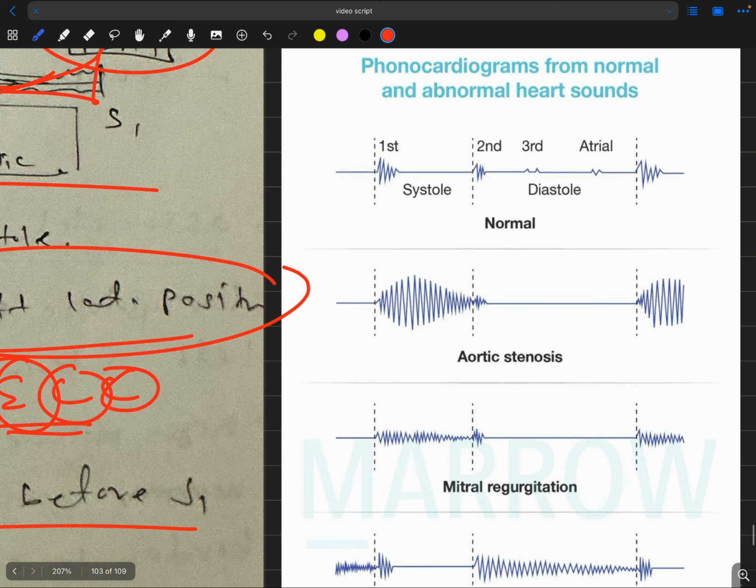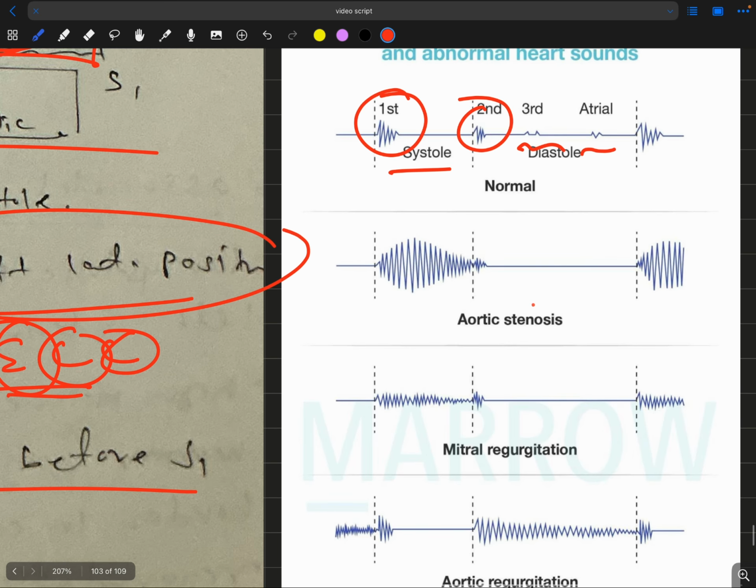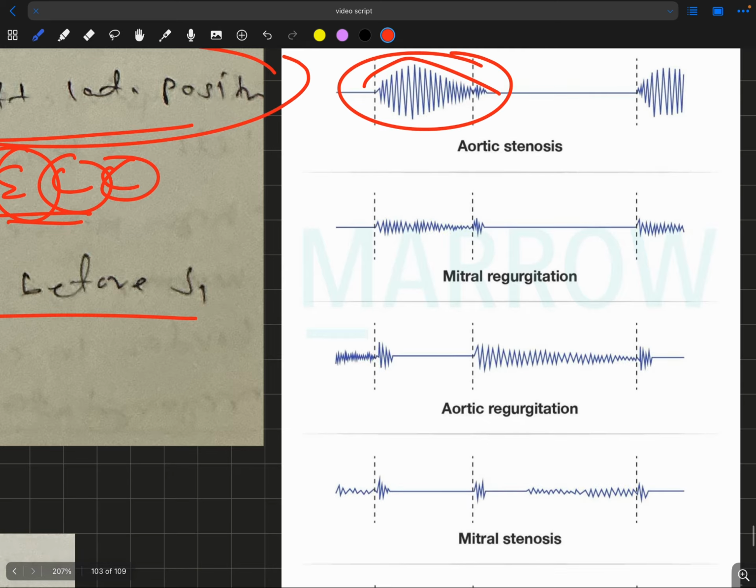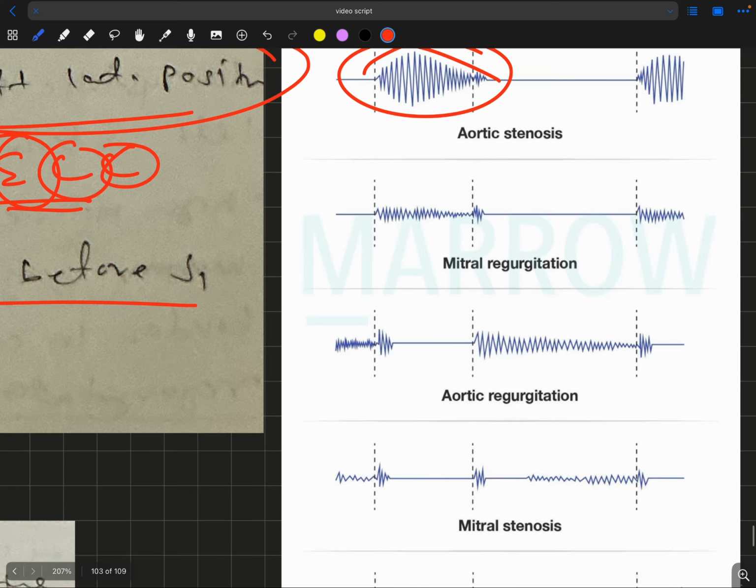This is the normal heart sound: S1, S2, S3. In case of aortic stenosis, we see an ejection systolic crescendo-decrescendo murmur. In case of aortic regurgitation, we see an early diastolic decrescendo murmur.